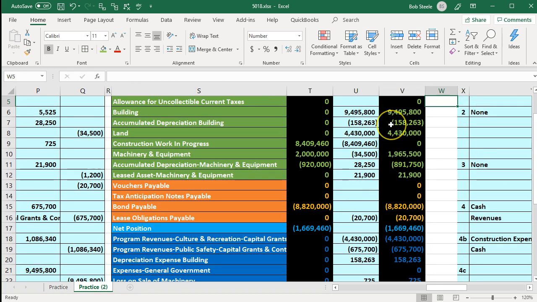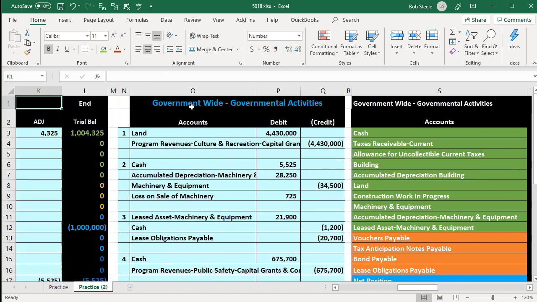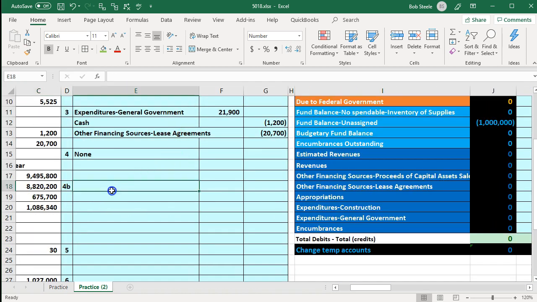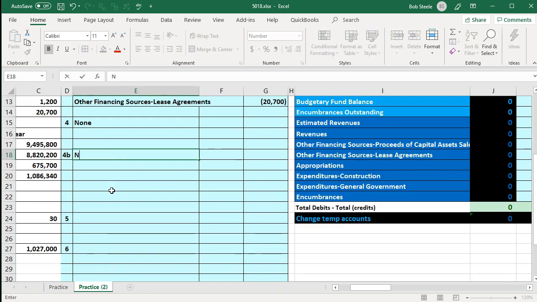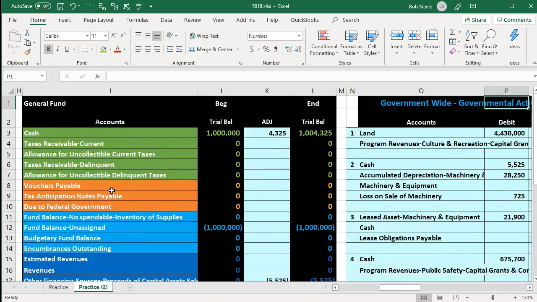So now we've recorded the depreciation as we would typically do in an accrual basis as is being used in the government-wide activities. So if we scroll down to the general fund, then we don't have any activity for number 5. So nothing on 4, and we have none on 5. What about the capital projects? That's where we're actually tracking this building activity.